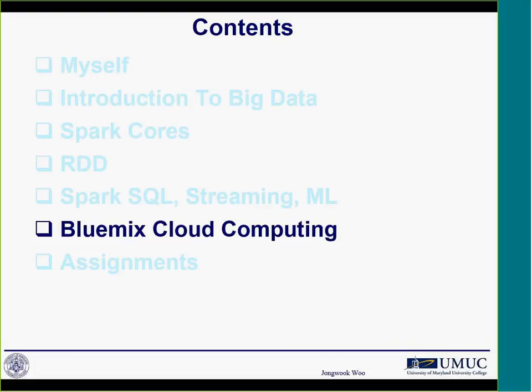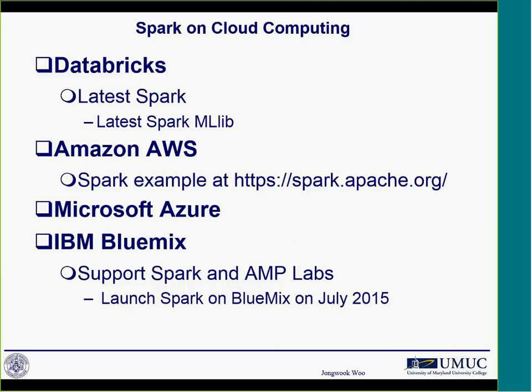Now let me move on to Bluemix cloud computing. Spark runs on many cloud computing platforms, for example, Databricks. Databricks was built by the staff of the UC Berkeley AMPLab, and it has been popular.